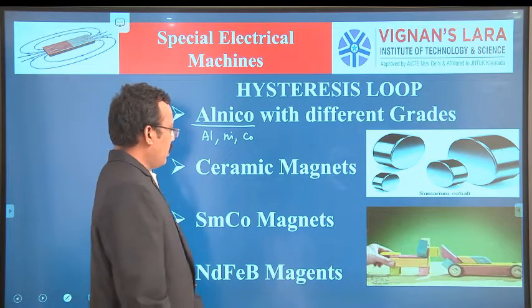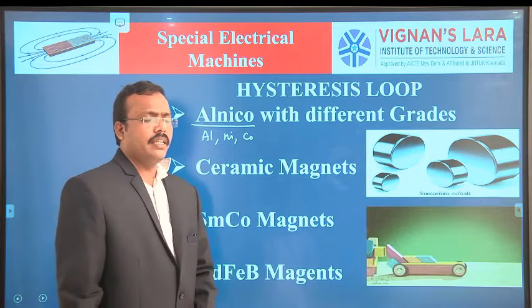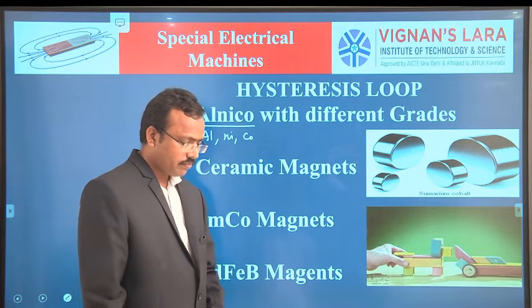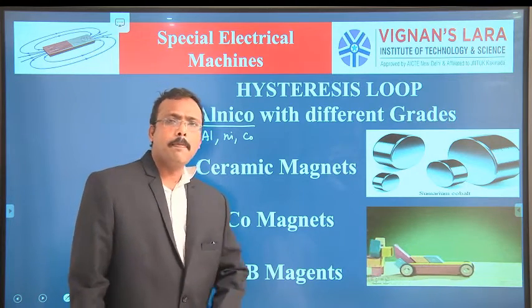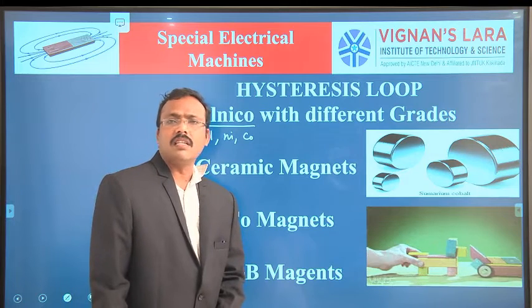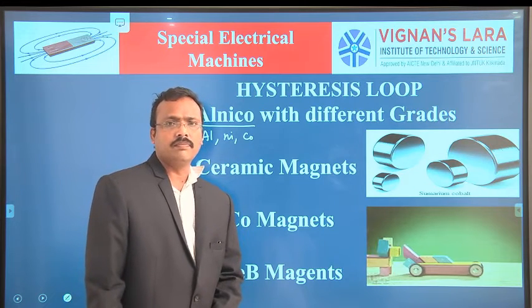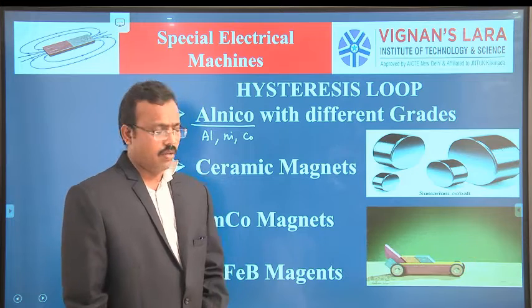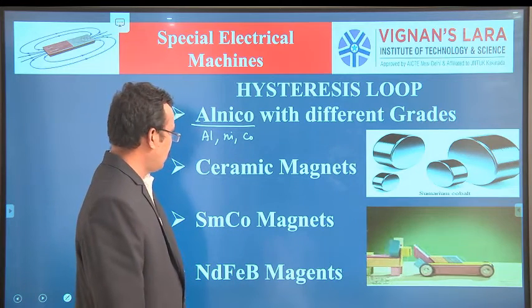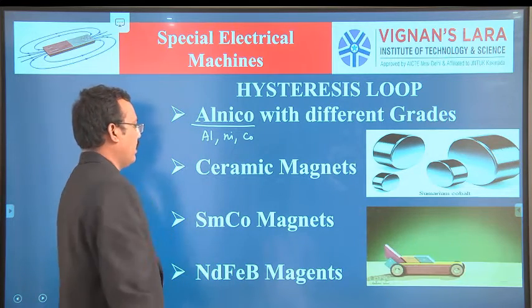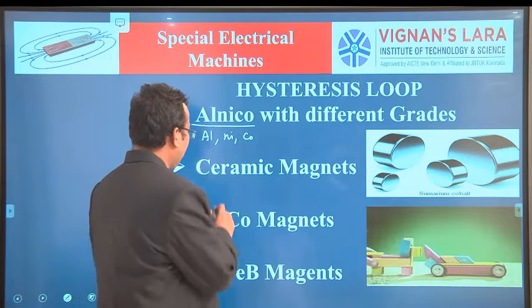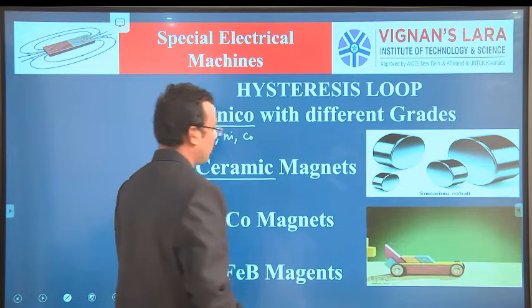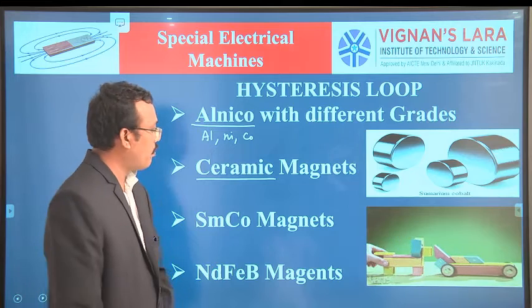The main applications of Alnico magnet are radar systems, motor applications and generator applications. We have a number of applications suitable for Alnico magnet. The second magnet is called a ceramic magnet.